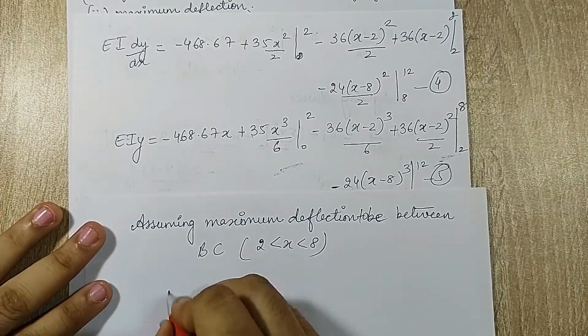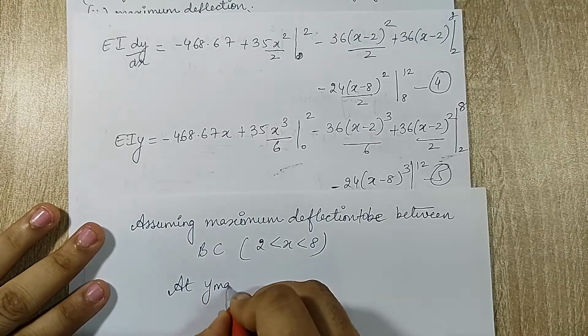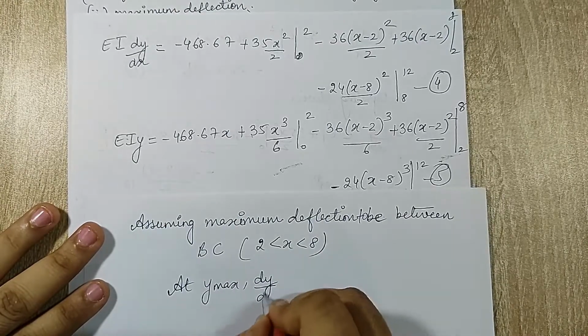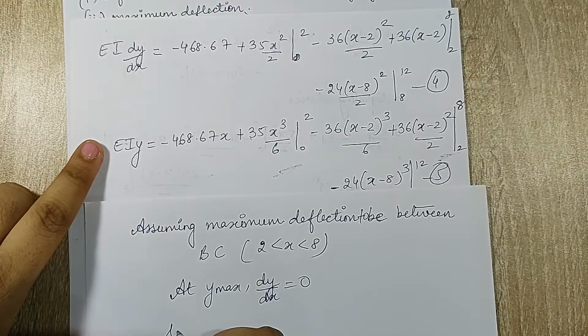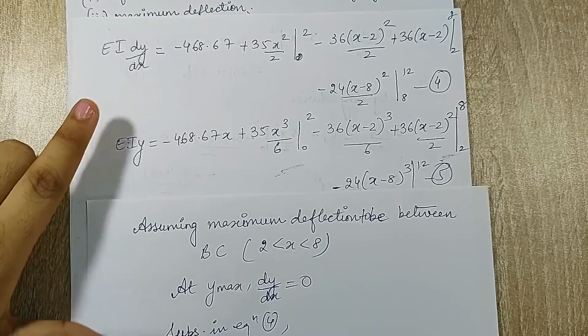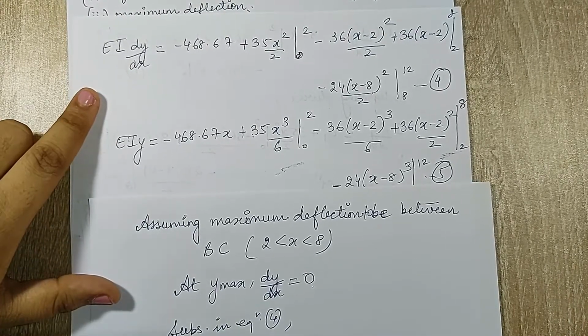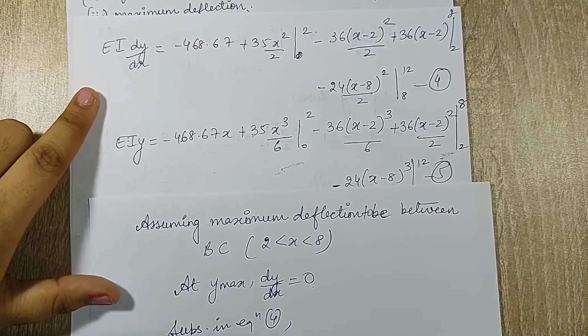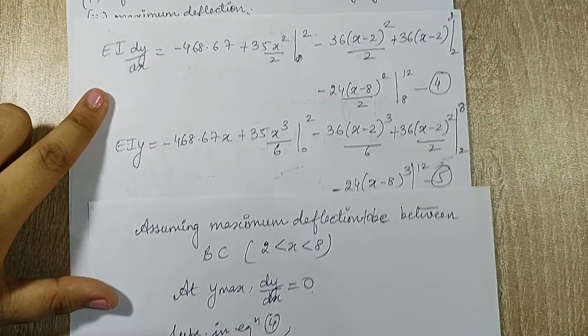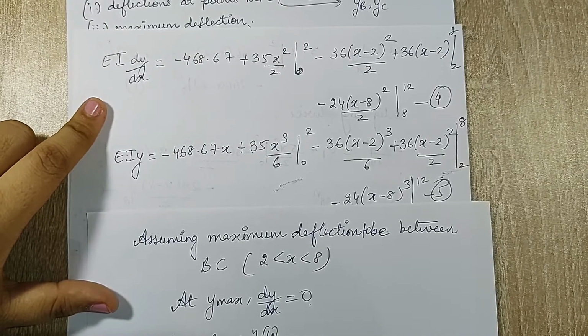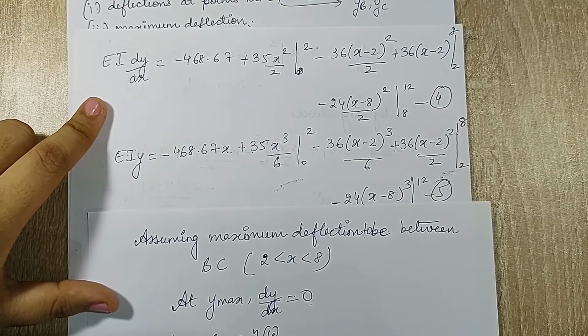So I know that at Ymax, dy by dx is equal to 0. Now when I substitute in equation 4 this condition, I am going to get, therefore 0 is equal to, left hand side will become 0, minus 468.67. The next term is plus 35x square by 2.